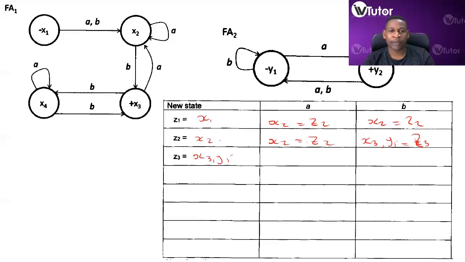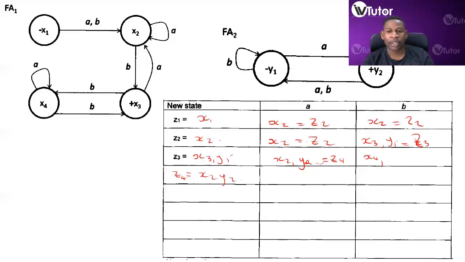If you're going from X3 with an A, you go to X2. Y1 with an A, you go to Y2. And X2, Y2 we don't have, so we call this Z4. Then if you're in X3 and you encounter a B, you go to X4, which is not a final state.